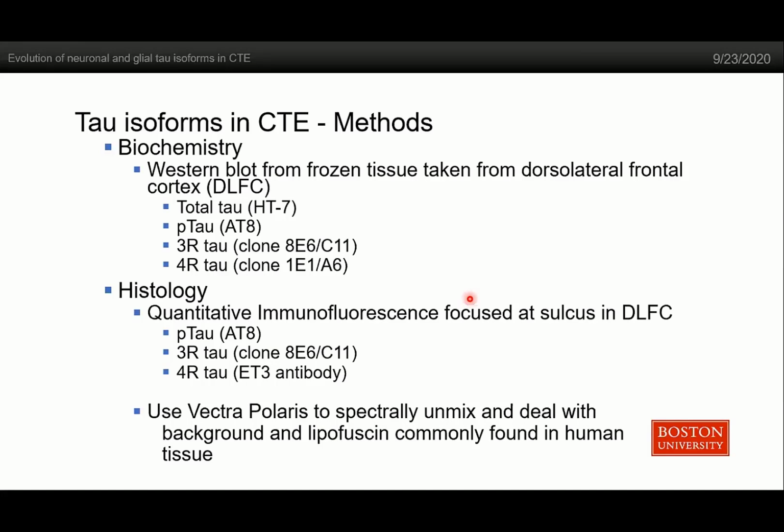This project is using the Vectra Polaris to spectrally unmix and deal with the background issues from lipofuscin commonly found in human tissue. I think it's really important to point out that we're working with tissue that can be quite old. Our brain bank has tissue that is 10 to 15 years old, and some of these cases are quite old as well, up to 90, 100 years old.